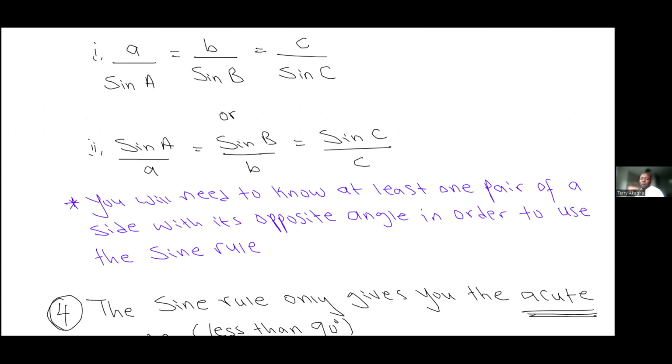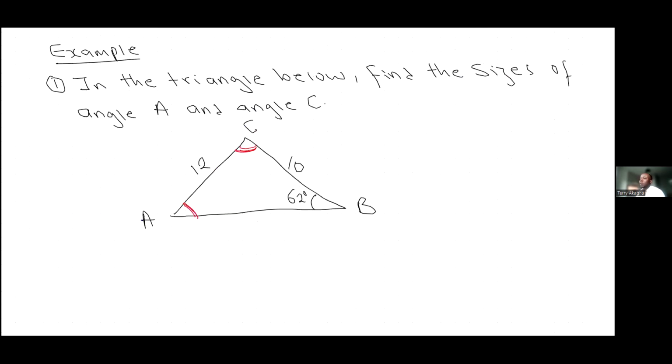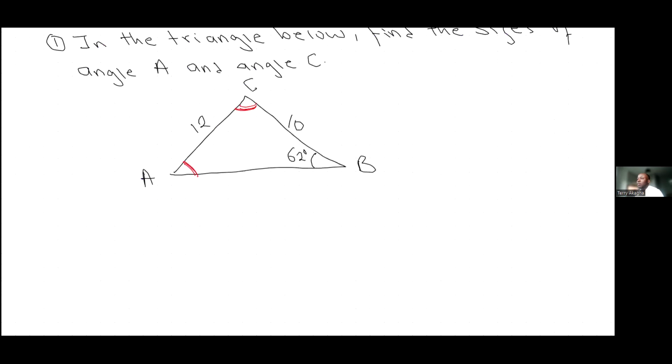So we know from this, if this is B, then this 12 has to be, remember the side facing the angle has to be the small side. So if this is angle B, then this is going to be small letter b. Now, if this is angle A, 10 is going to be equal to small letter a, and this is going to be small letter c.